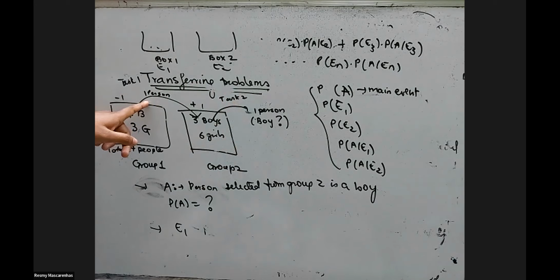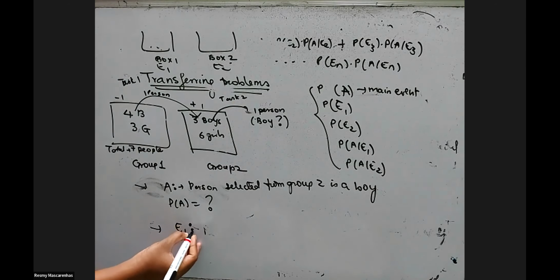Now what is the event? Now you have to decide whether to select a boy or a girl. So it could be a boy or it could be a girl. I don't know whether you would pick a girl or a boy, so we'll see what are the chances that you would pick a boy, or a girl. So E1, what we'll consider is, either you can take it as a boy or as a girl.